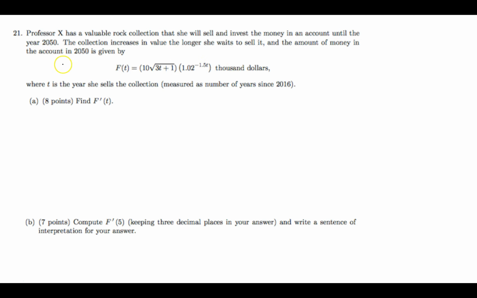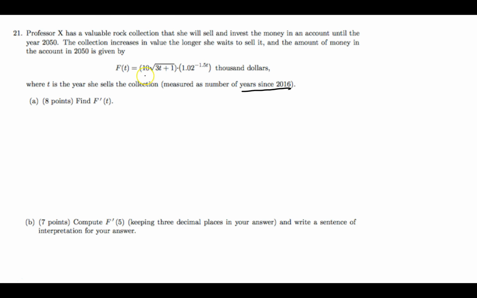The amount of money in the account in 2050 is given by this formula in thousands of dollars, where t is the year she sells the collection, measured as the number of years since 2016, and it'll spit out thousands of dollars. So this function is 10 times the square root of 3t plus 1, and then that's times an exponential term, 1.02 to the negative 1.5t.